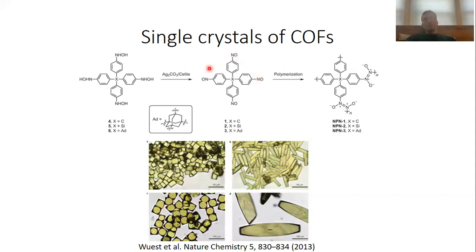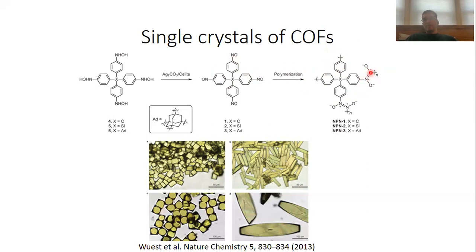Okay, and when you have a tetratopic linker, then you form a three-dimensional network in which basically your building units are interconnected by nitrogen-nitrogen double bonds, but that nitrogen double bond is fairly labile.